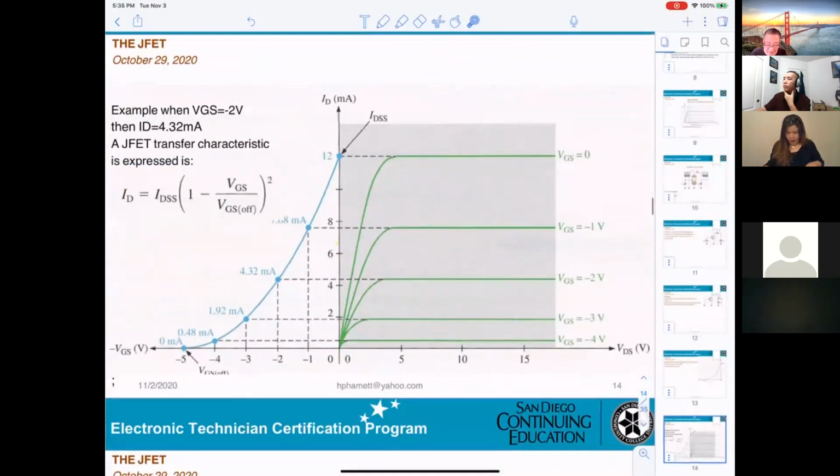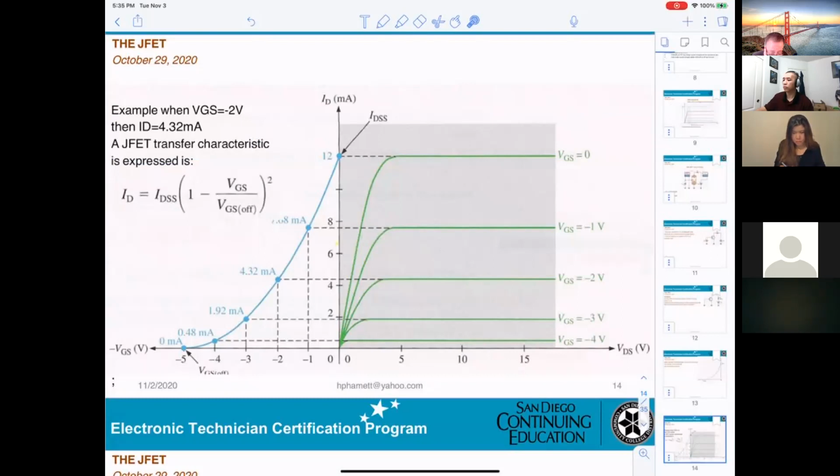In this one, they can display both sides, one for the transfer curve and the other for the drain curves. That means at any point on the VGS axis, for example VGS equals -1 volt, you can read off the current ID, maybe 1.8, 0.8 or whatever number.